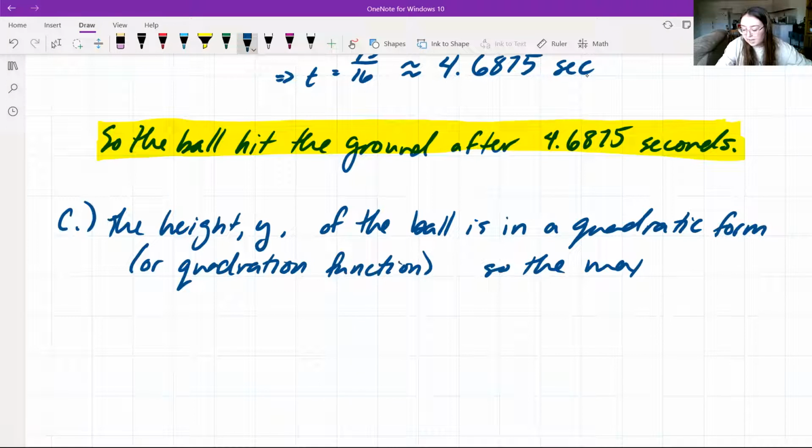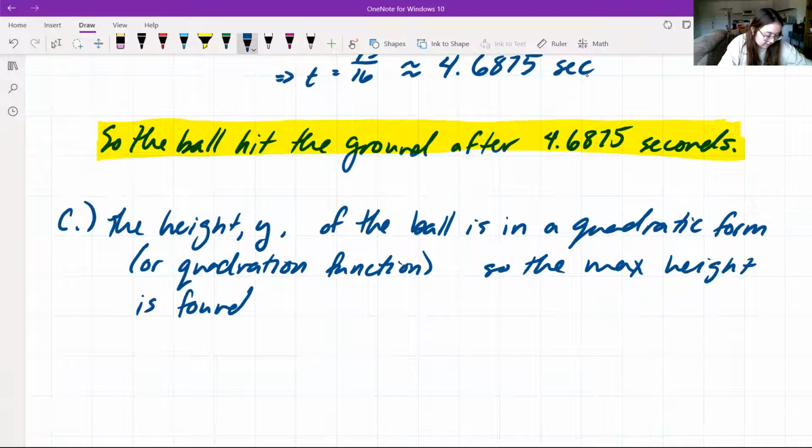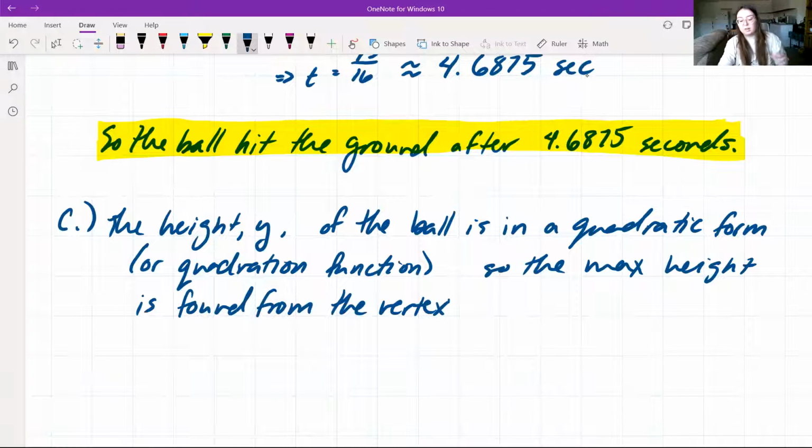So the max height is found from the vertex. Thinking similar to equation 1 where we had that parabola, it has a specific vertex at a specific point.